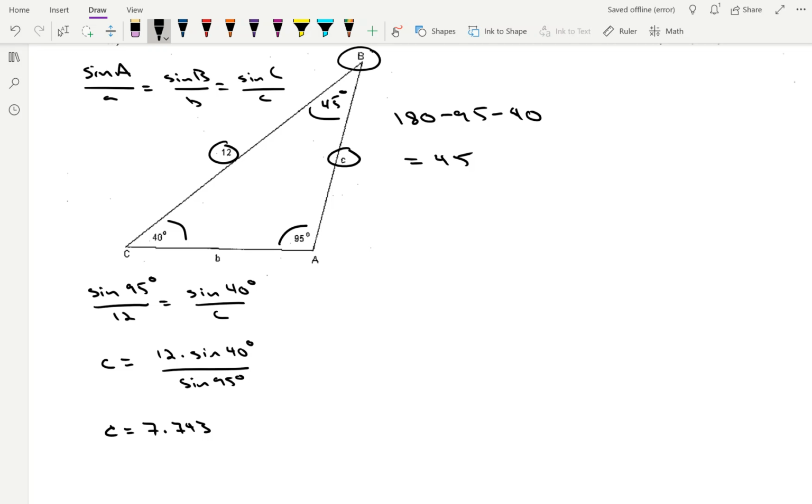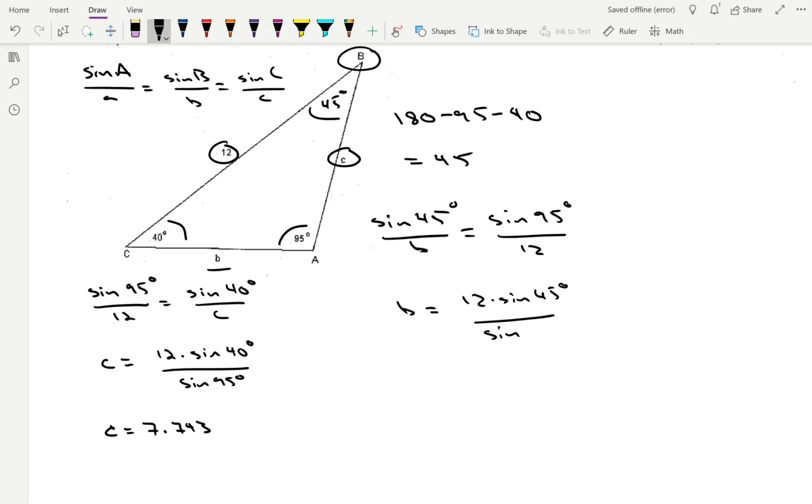Degrees. And finally, we can do sine of 45 over little b, because that's the one we're missing down here. I'll just continue using a. It doesn't matter which one you use. All over 12. So b is equal to, be careful here, 12 sine of 45 degrees over sine of 95. Take it slow if that was too fast.